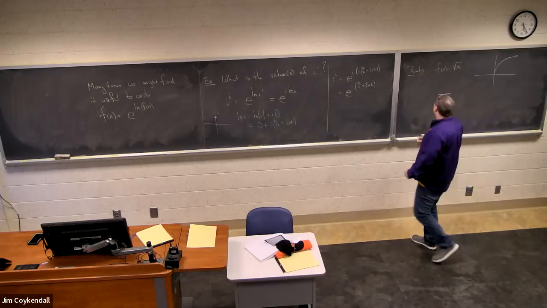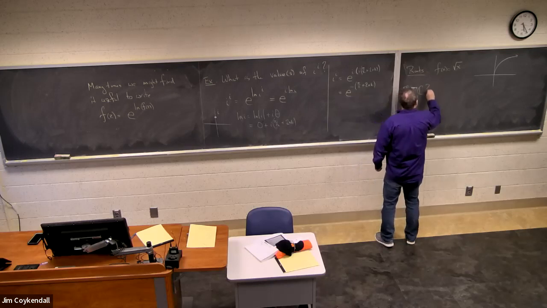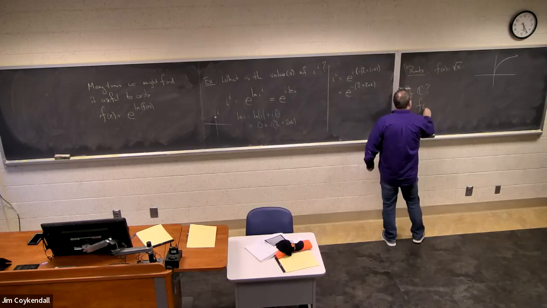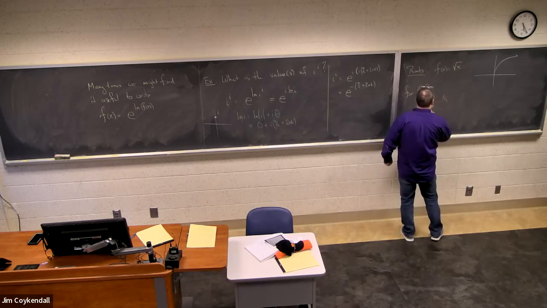Right, so here is f of x. Now, how do we do this for the complex numbers? Well, let's call it z, shall we?